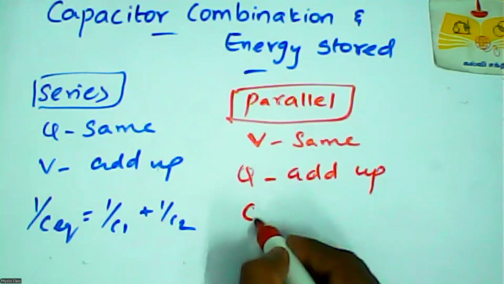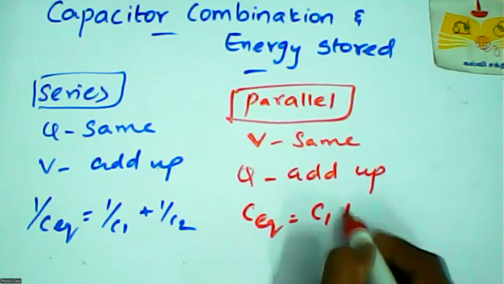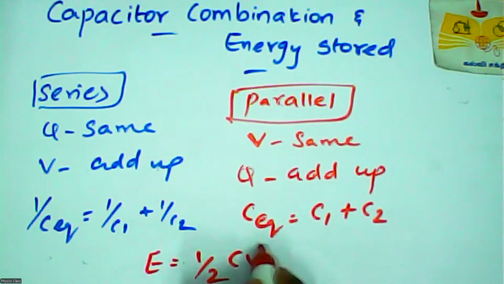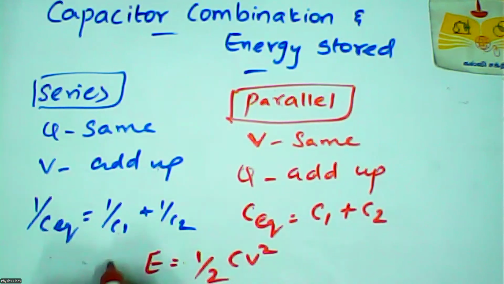For example, C equivalent is C1 plus C2. Clear? And the energy is equal to 1 by 2 CV square. We can also use the U symbol in place of E. U or E.